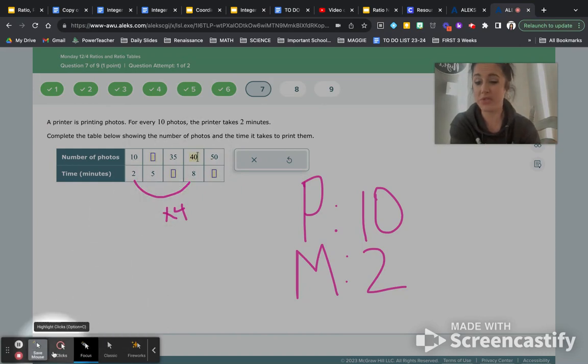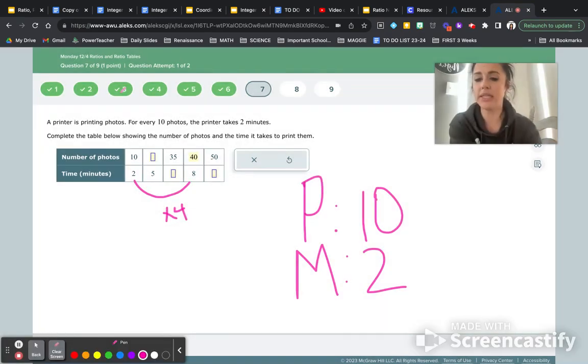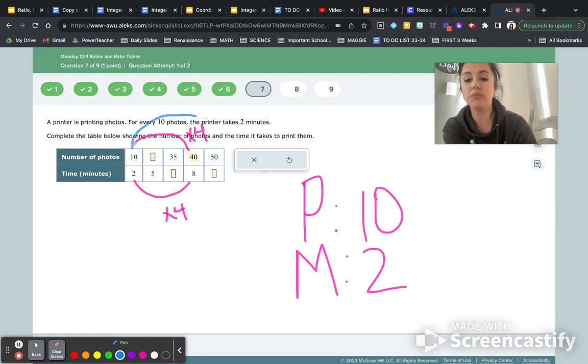Are you with me so far? We did times 4 for both of them, keeping them equivalent. So how would I get, I'm going to use a different color just so it sticks out, 10 times what will get me 50?